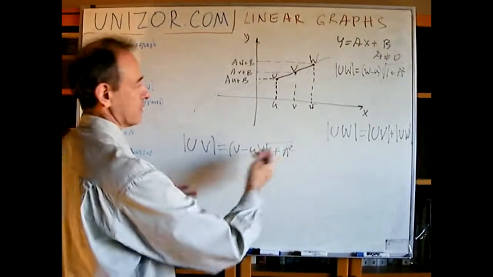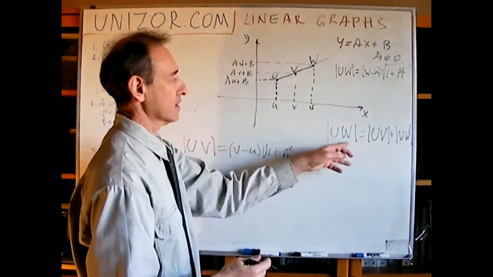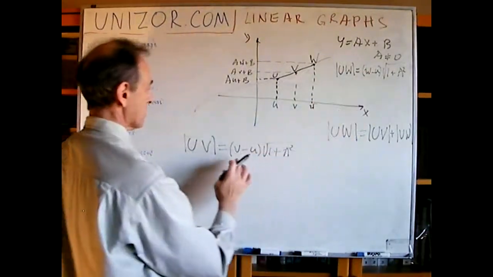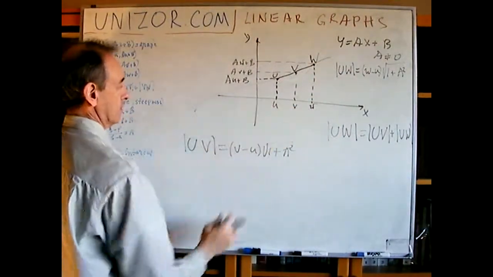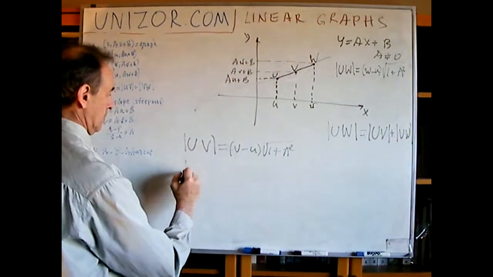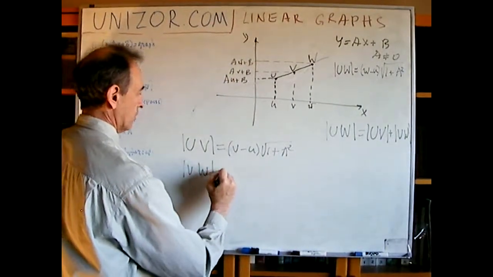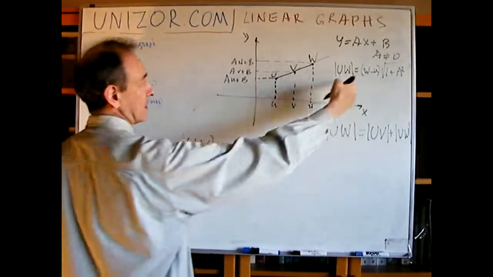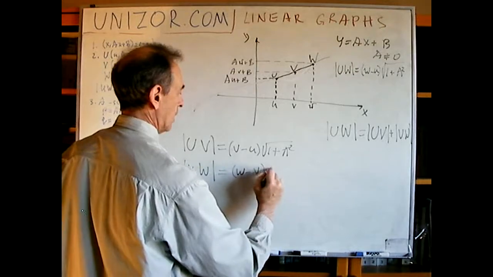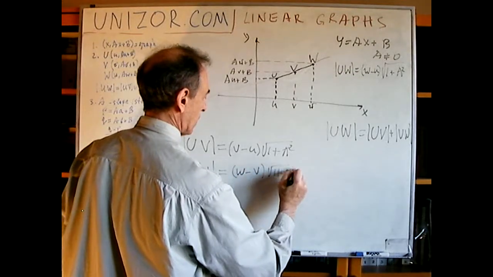There is no difference. I'll just use letter V instead of letter W. What's important is that the first letter is greater than this one, and V is greater than U, right? Now, similarly, from V to W, I will use the same thing. Instead of U, I will put V. So it's W minus V times the square root of 1 plus A squared.